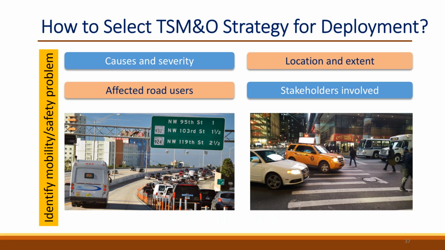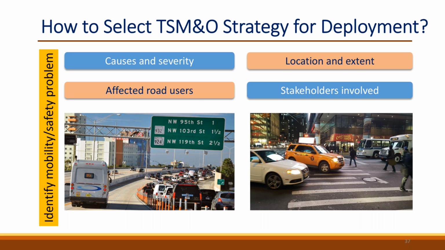So how do you select a TSMO strategy for deployment? The first and major step is to have a very clear understanding of the existing congestion or safety problem. Once we have the problem, we need to look at the location and the extent of the problem. Is the problem system-wide or is it corridor-specific?